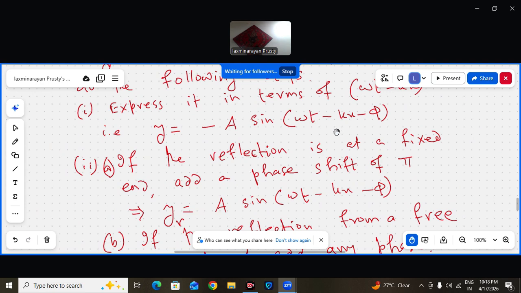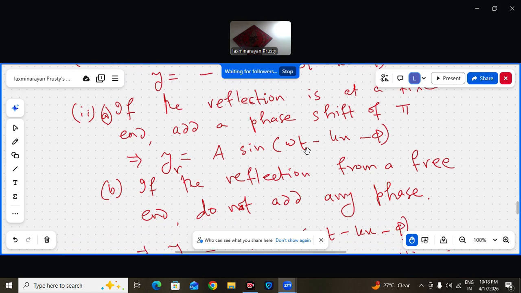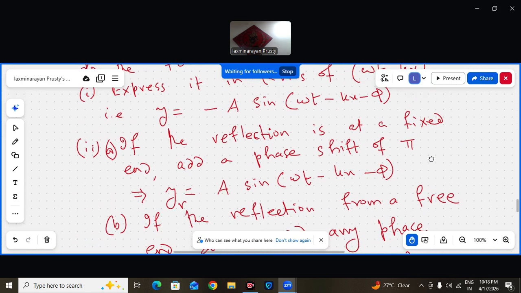So always try to convert to omega t minus kx. It's a very simple thing. After that, for a fixed support, one more phase change will be added, and minus kx will become plus kx. That's all. This omega t is very significant because a particular x is taken as fixed. The incident wave has omega t minus phi, and the reflected wave should be omega t minus phi with a minus, or if it is a minus sign, that should be plus, because kx I am going to fix.